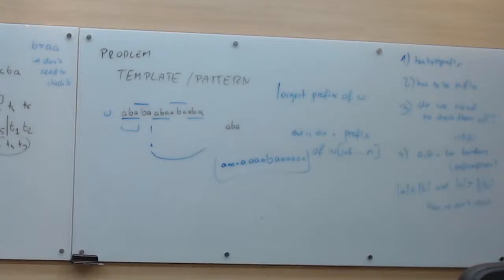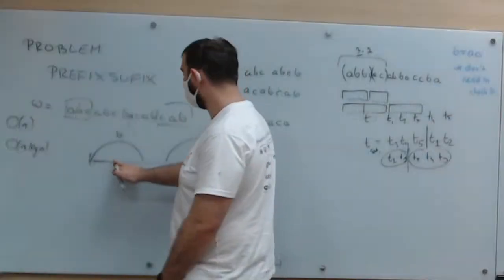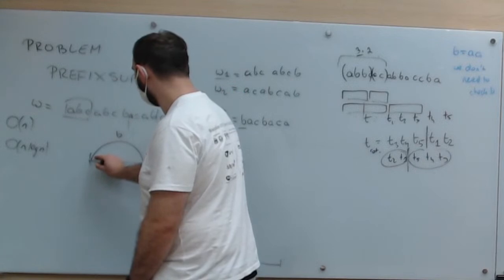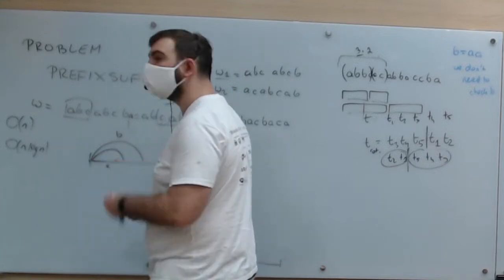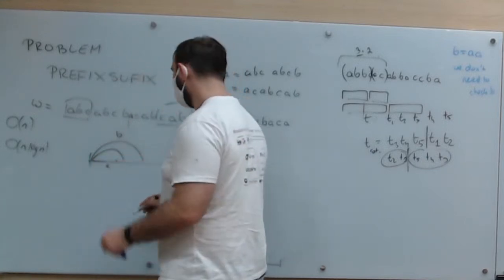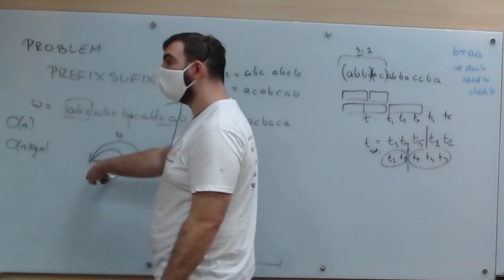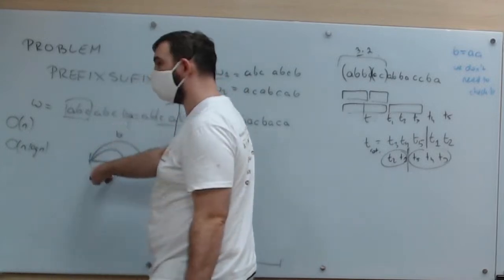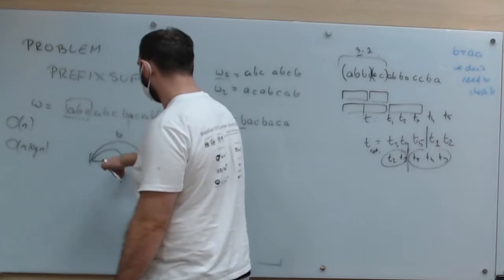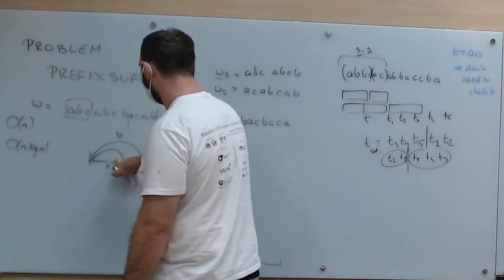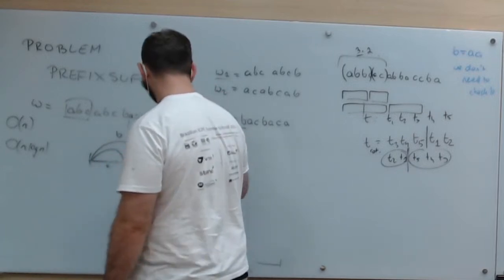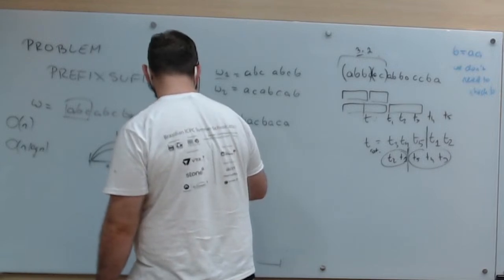This, and B is this as well. So now we have A that is at least half the size of B. So it is something like this. Okay, so if we check A, and it is not a template, that means that A had to cover this in some way, because A is also here.